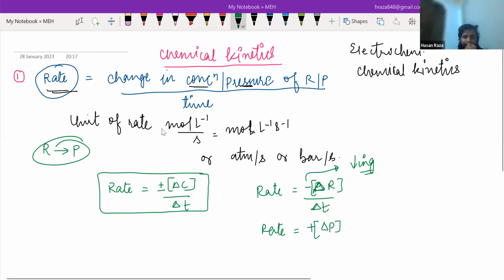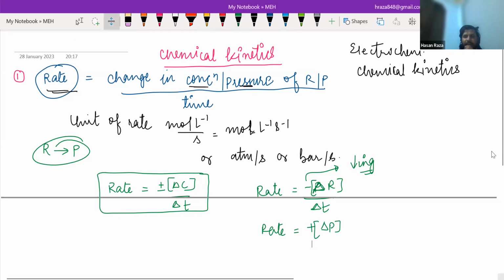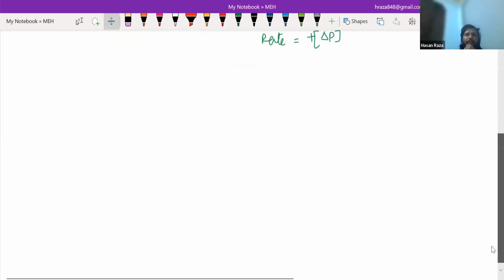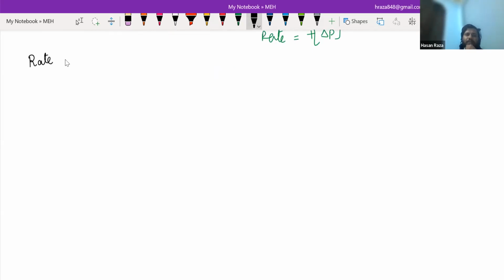Because it increases. So there is another term, that is rate of formation and rate of disappearance. We use rate of disappearance for a reactant, and you know what disappearance means.